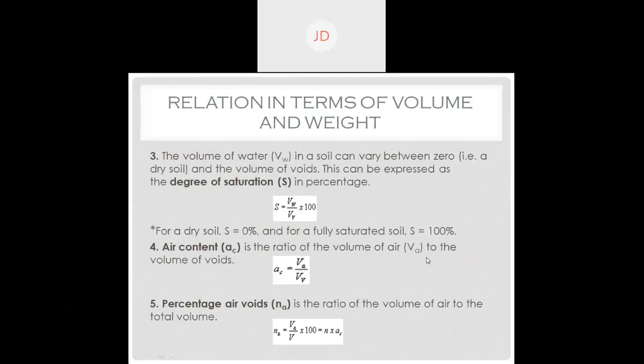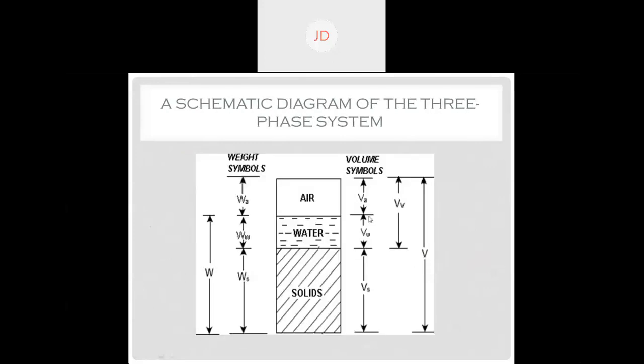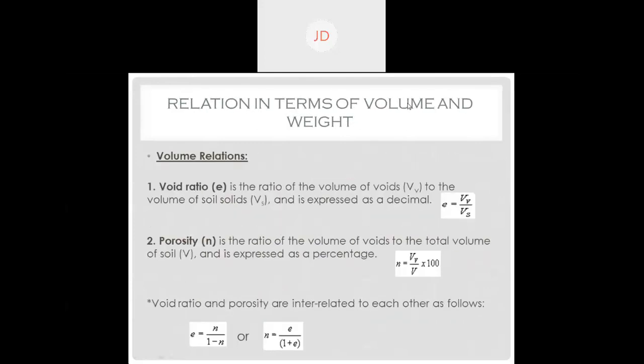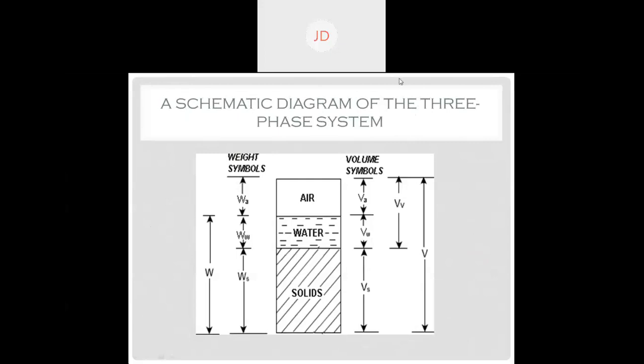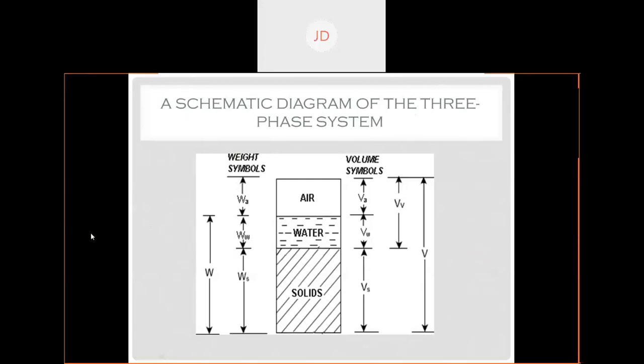Now let's go back to here. If you want to find out porosity, denoted by small n, porosity is defined as the ratio of volume of voids divided by what? It is capital V, that is the total volume.